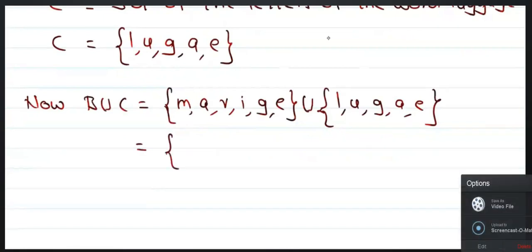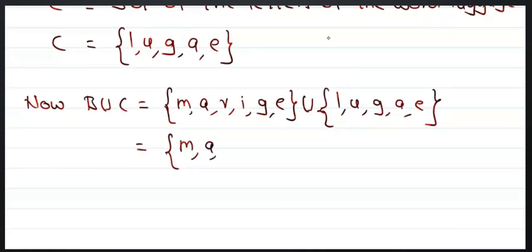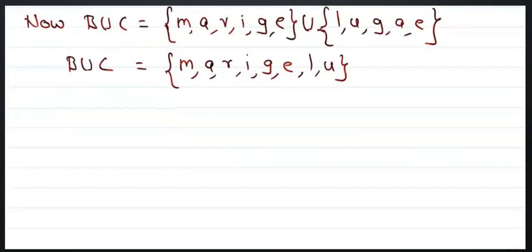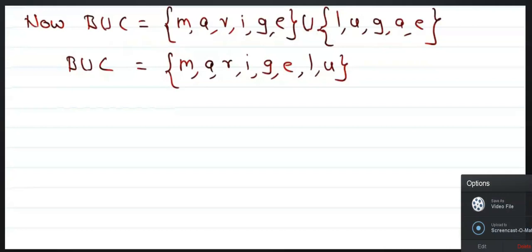You can write it is M, A, R, I, G, E, L, U. This is B union C.